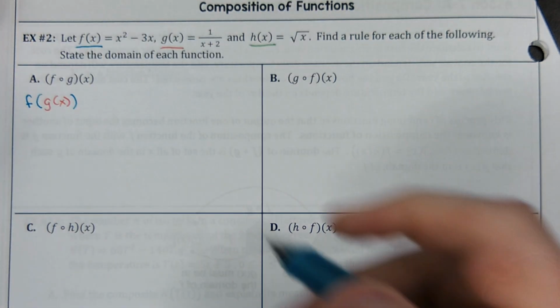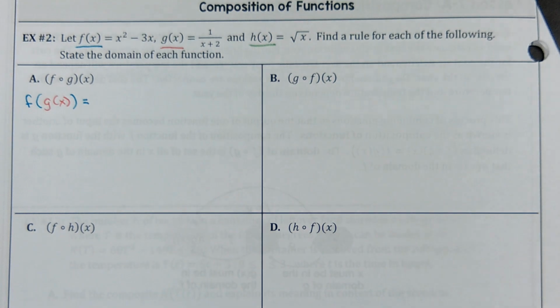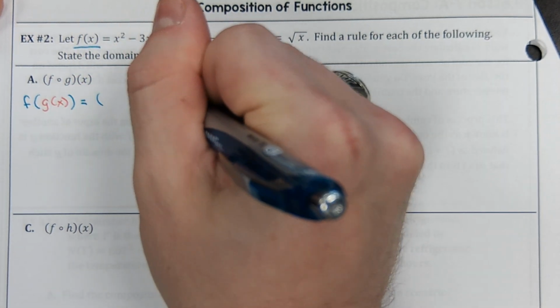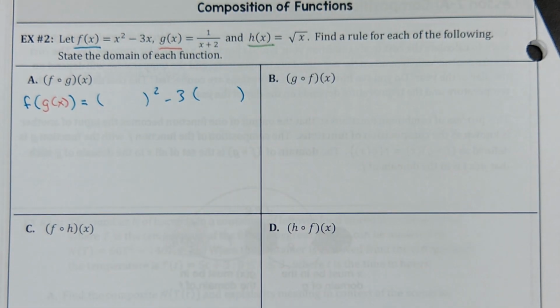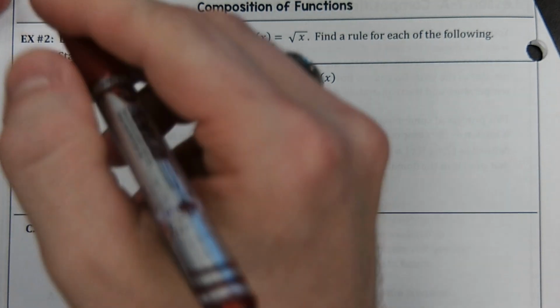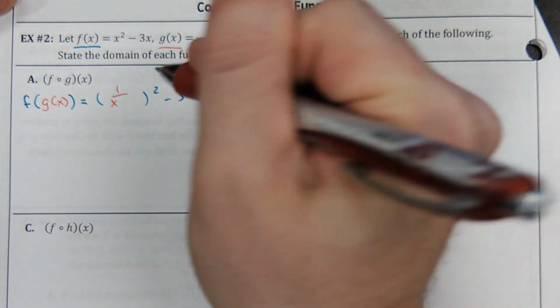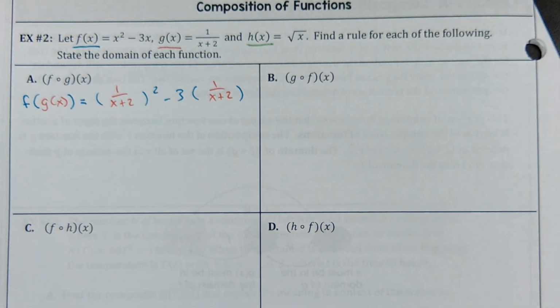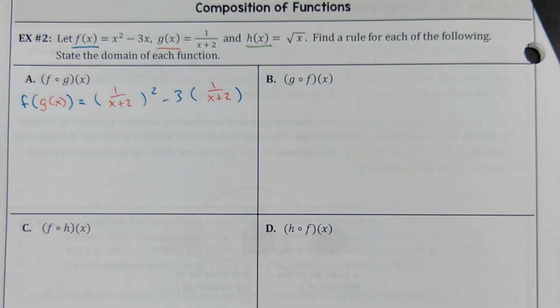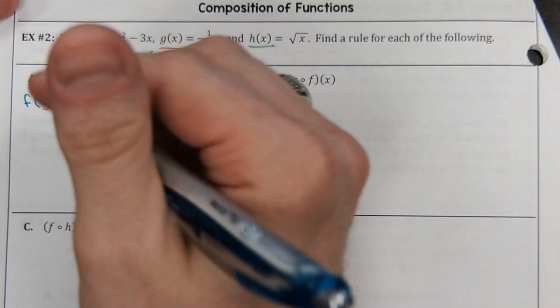So where my blue function had an x, instead I have a set of parentheses, and within those parentheses goes my red function. There it is. Like I said, I'm not going to blend colors here because I'm already using 3 different, and these 2 are the only 2 I have that blend nicely. So I'll just keep writing it in blue.